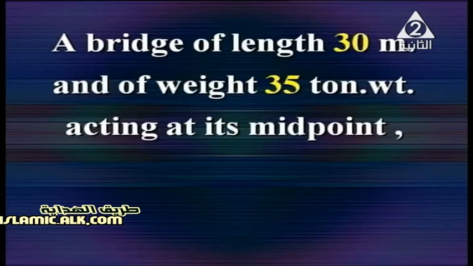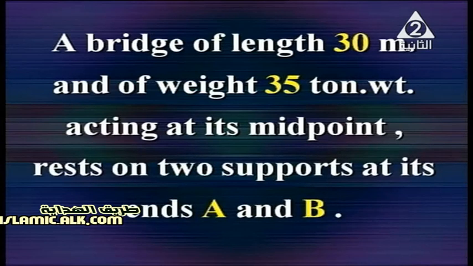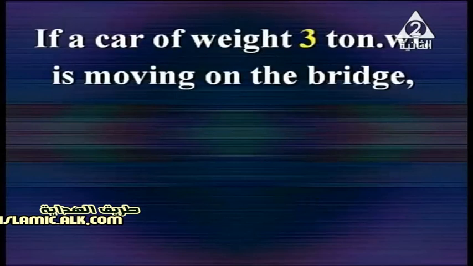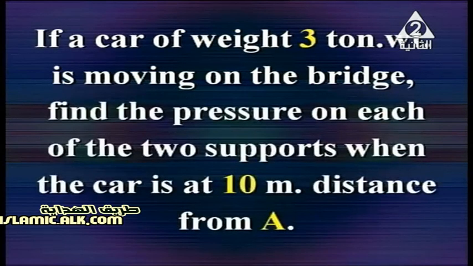A bridge of length 30 meters and of weight 35 tons, with its weight acting at the midpoint, rests on two supports at its ends A and B. If a car of weight 3 tons is moving on the bridge, find the pressure on each of the two supports when the car is at 10 meters distance from point A. Dear student, this is a very important example.